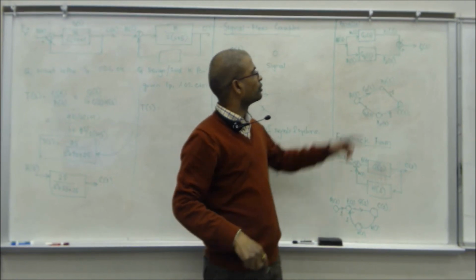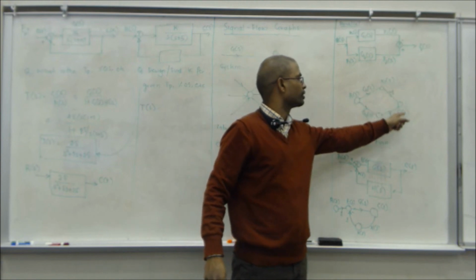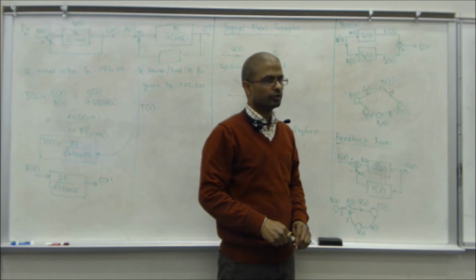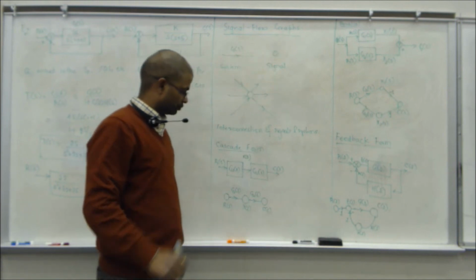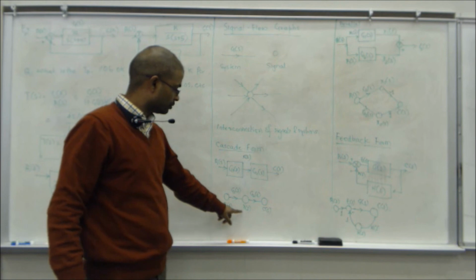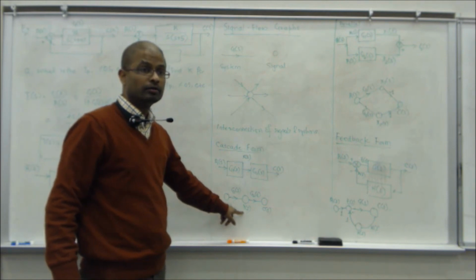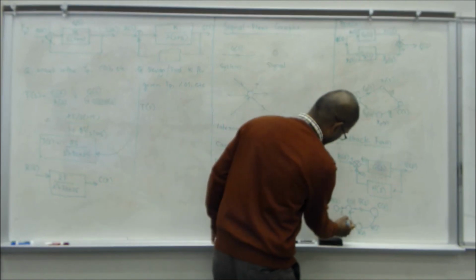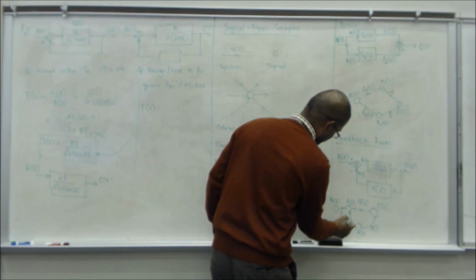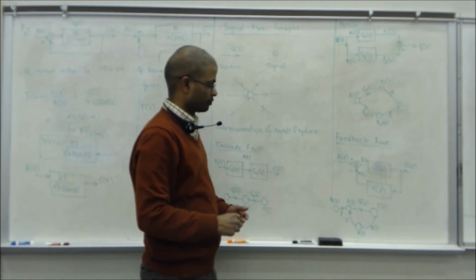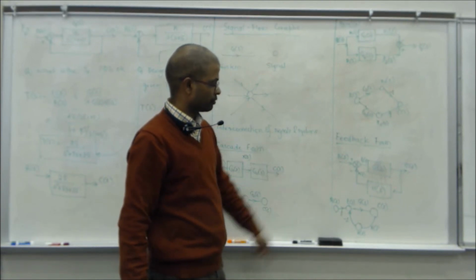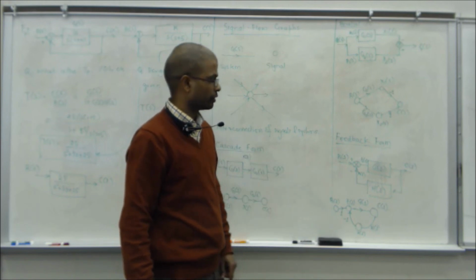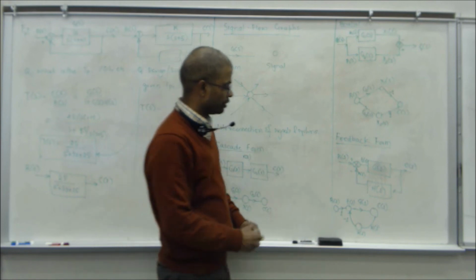So that way C of S is still X2 minus X1. Here it is negative, this is negative. So X of S is negative 1, E of S is R of S minus X of S. Okay.